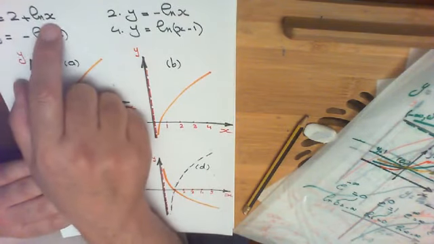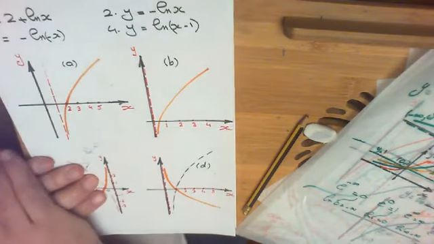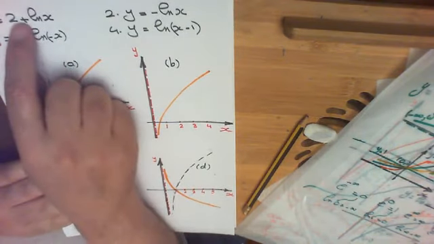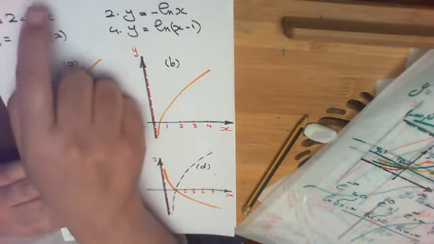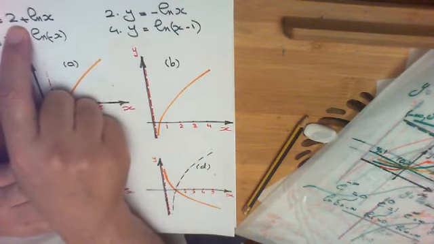2 plus ln x is a shift upward by 2. Okay?